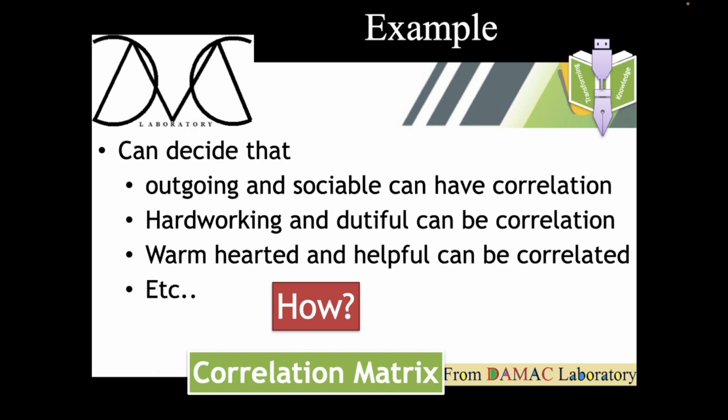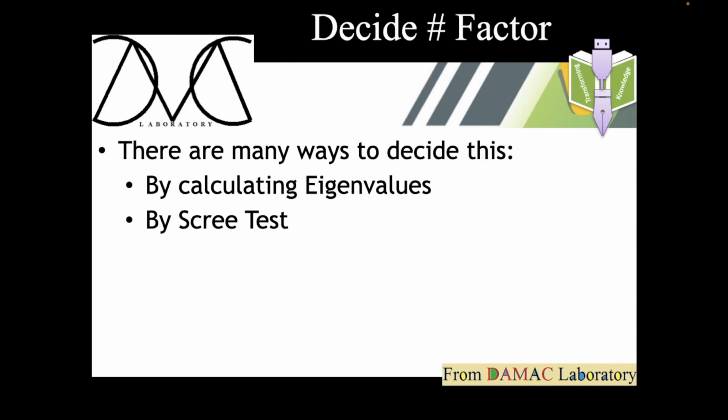And this correlation matrix, in the case of factor analysis, helps you at many different times during the factor analysis. It helps you decide the number of factors, and that can be done by using the eigenvalue calculation and also by using the scree test or the knee test.